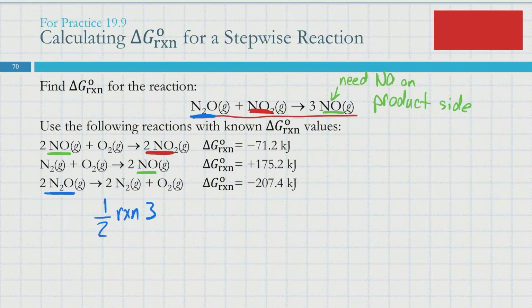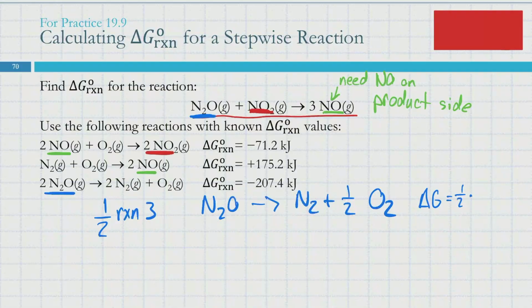So 1/2 of reaction 3, that will be N2O goes to N2 plus 1/2 O2, our delta G gets cut in half. So we've got our N2O component locked down. We've got 1 N2O, that's what we want.